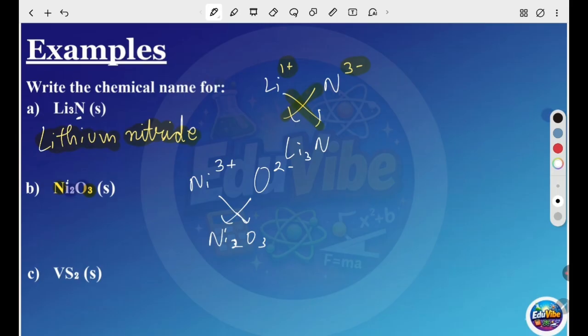To name this, we have to name nickel first. If we see the periodic table, nickel has 2 charges: 2 positive and 3 positive. But here we have 3 positive, so we have to use this charge. We have to know how to name an element which has 2 types of charge.